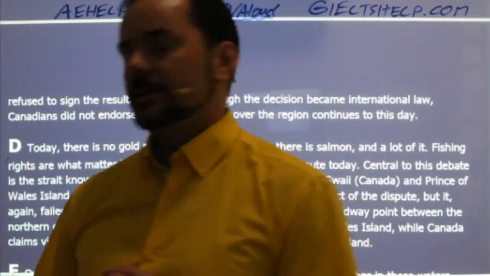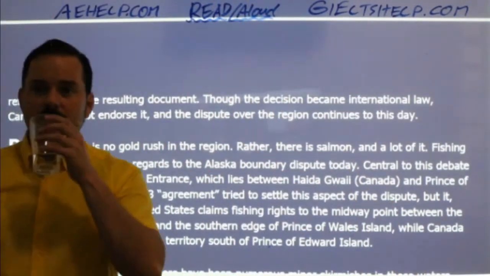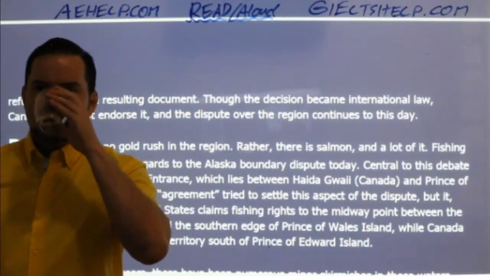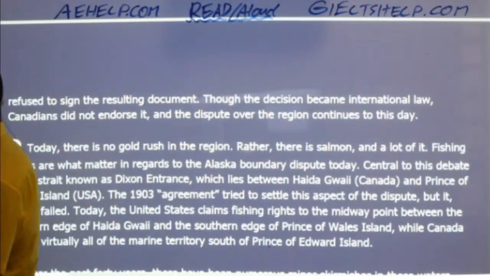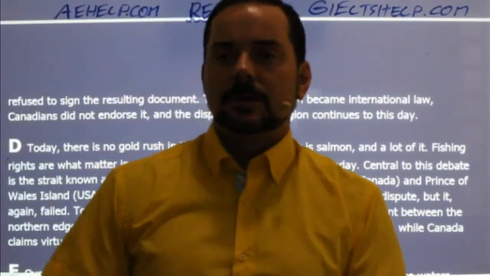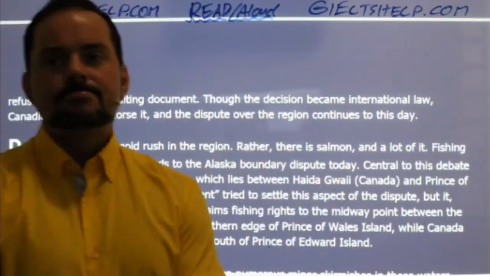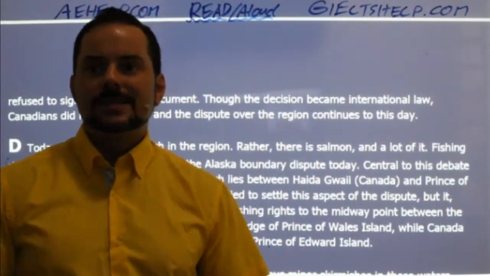So what are we dealing with here? What is this paragraph about? Nice and quickly. How would you summarize it? So it's a complete summary, and it's concise, so in one sentence.